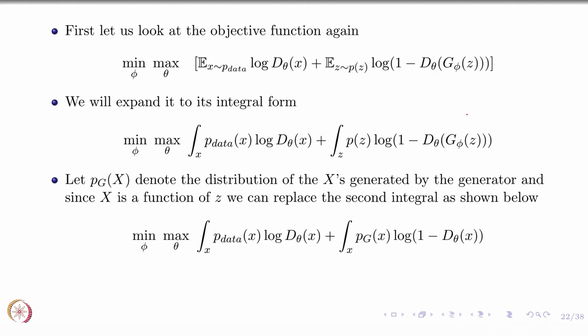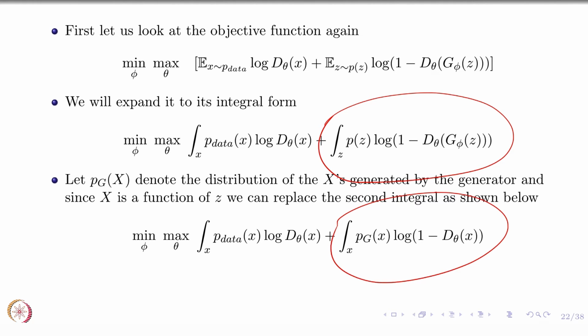So by some cryptic rule, I can replace the second integral, which was over z's, by an integral over corresponding x's. Is everyone okay with this? The first integral has been copied as it is, but the second integral has been replaced by a different integral. Instead of z, now I have an integral over x.